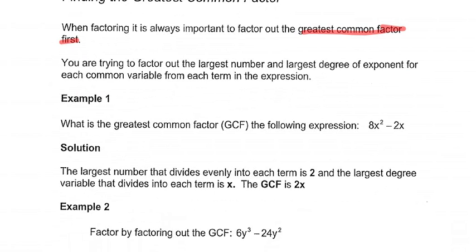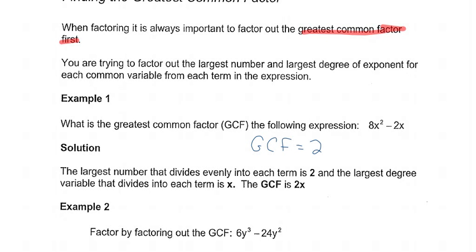So how many terms do you have here? I have 2 terms, 8x squared and 2x. Now, what is the greatest common number that I can divide both 8 and 2 by? 2. Good. So my greatest common factor so far is going to be 2, because I can divide 8 by 2, and I can divide 2 by 2.